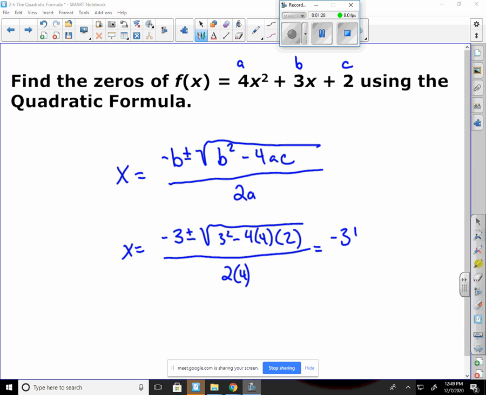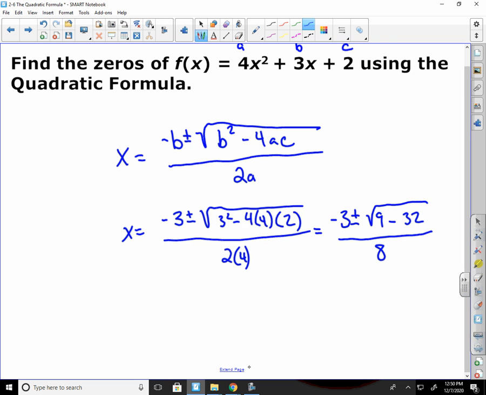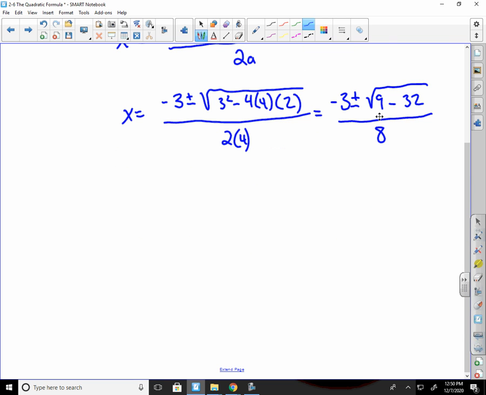So I get negative 3 plus or minus the square root of 9 minus, and then 4 times 4 is 16, times 2 is 32, all over 8. Now we simplify what's inside the root. 9 minus 32 gives me negative 23, all over 8.